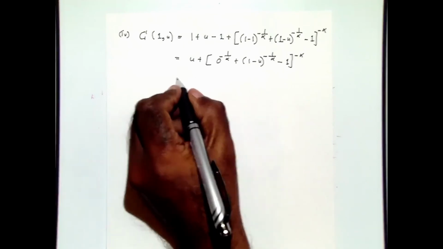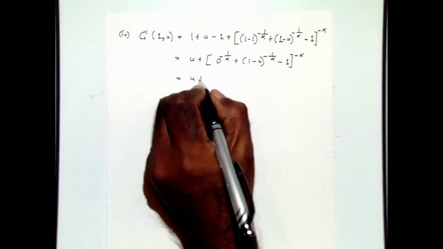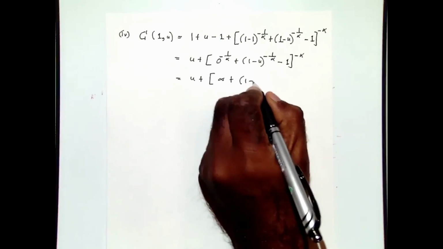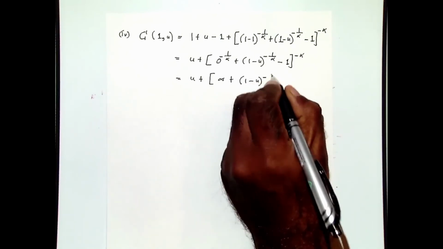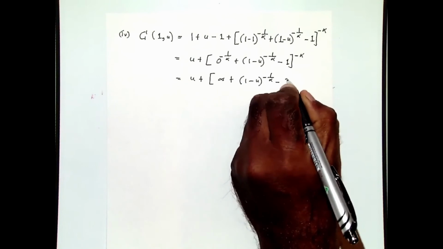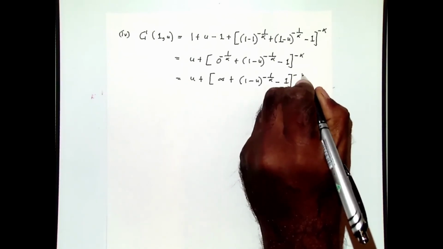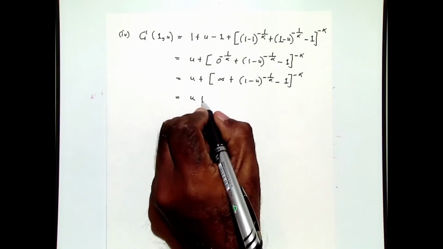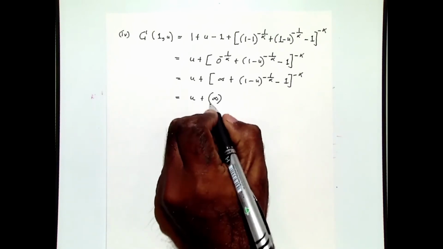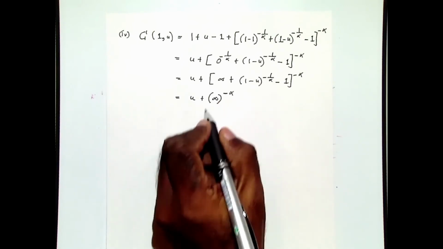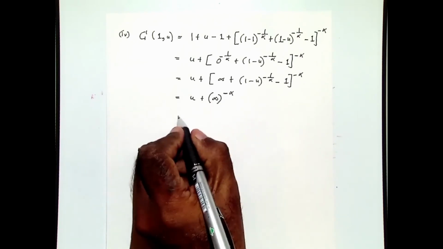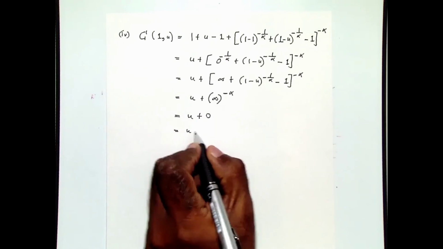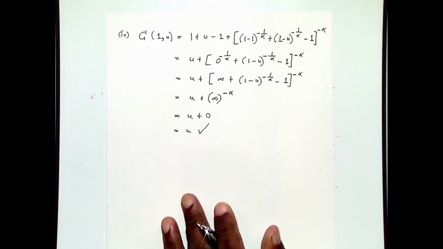And this is once again equal to infinity, so you have infinity plus a constant, which is this. Okay. Now infinity plus a constant is infinity, right? And infinity to a negative power is 0, so condition 4 is satisfied.